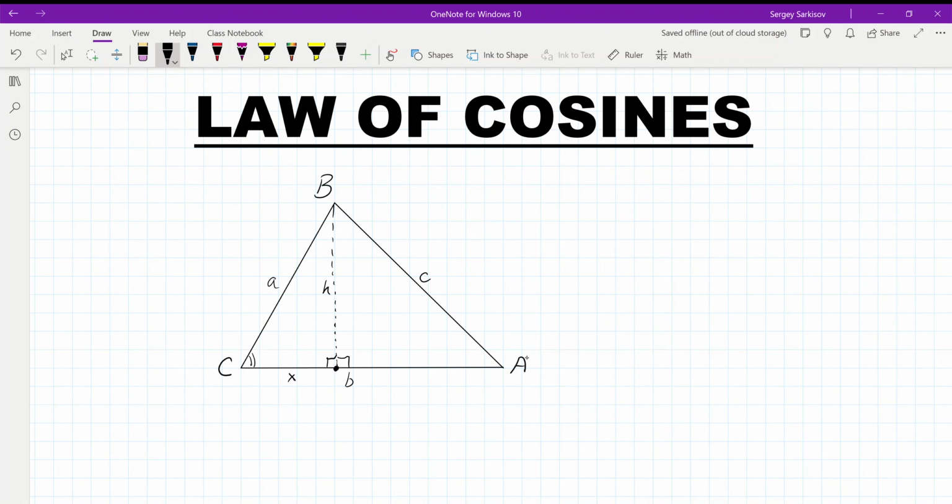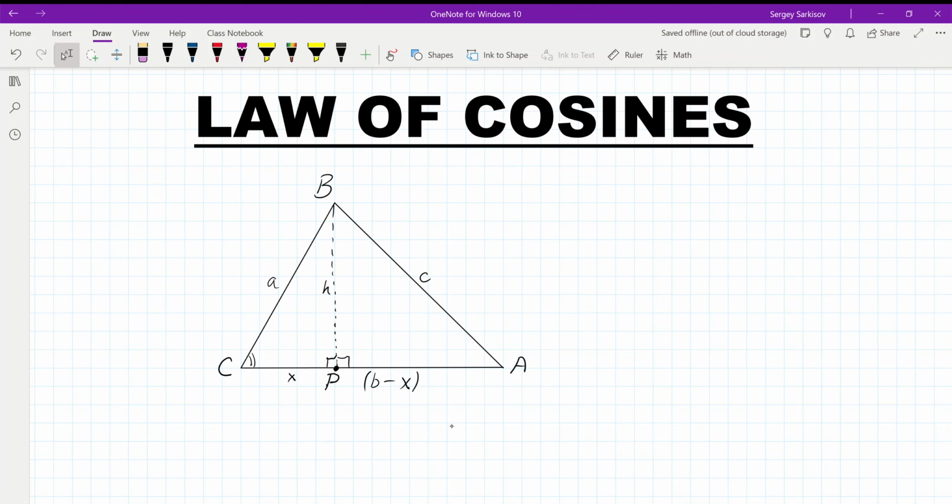I'm not going to label it. And if this is b, let me erase the b, the other part is going to be b minus x, from that vertex, let's say the point P. CP is x, well, then AP or PA is going to be b minus x, to make the whole summation b, which is the whole base, the side length b.